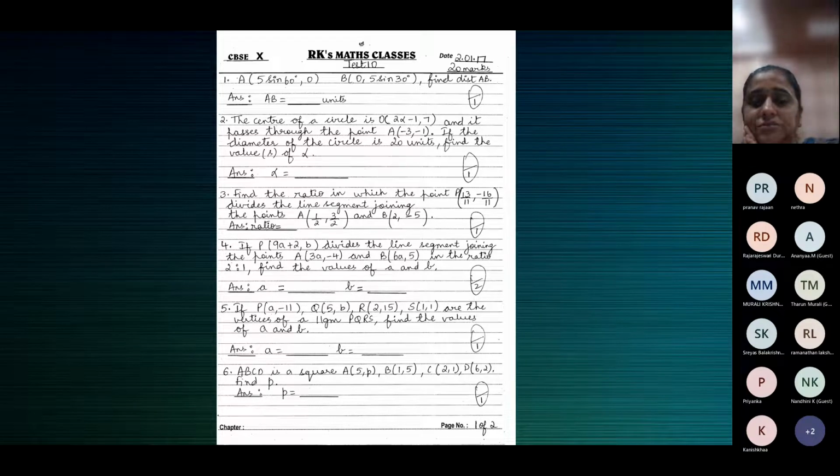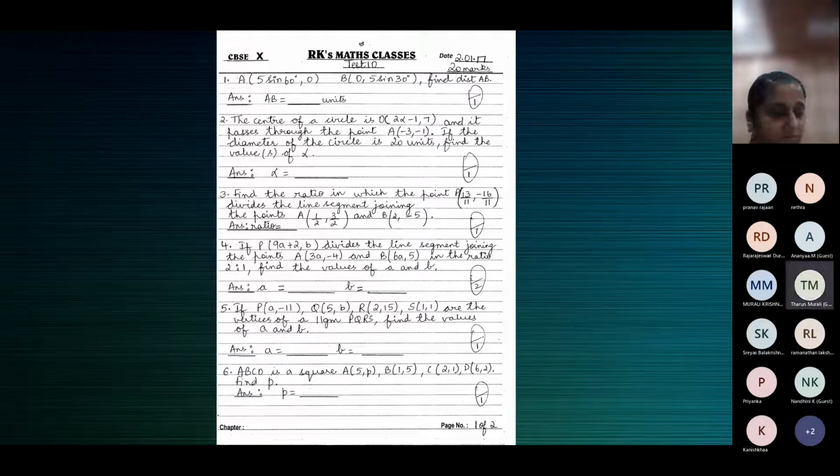Nobody's got it? Ma'am, is it alpha 2? Alpha 2? Only one value? No, also -4. Very good, Tarun Murali. What is the quadratic equation you have got in alpha?